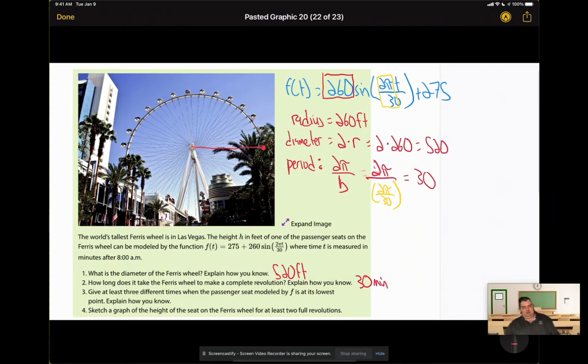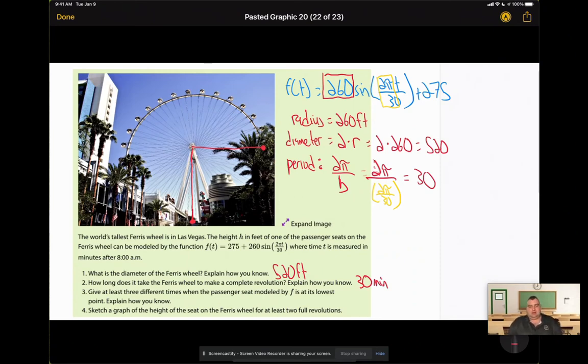radian position, what we need to do is figure out how long does it take to get down to the lower position here.